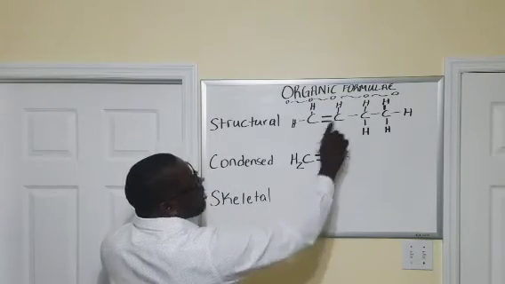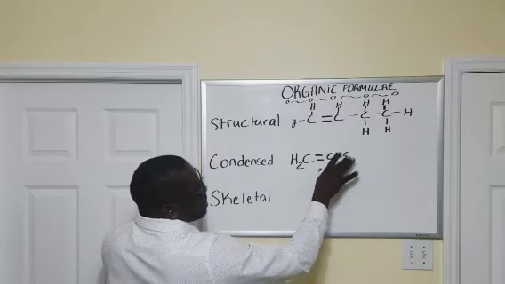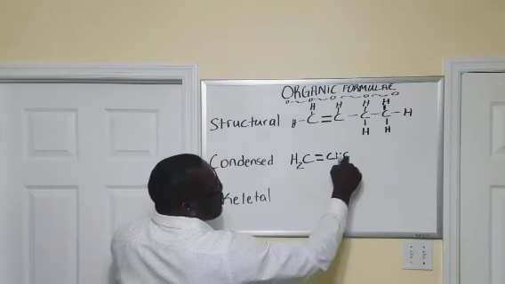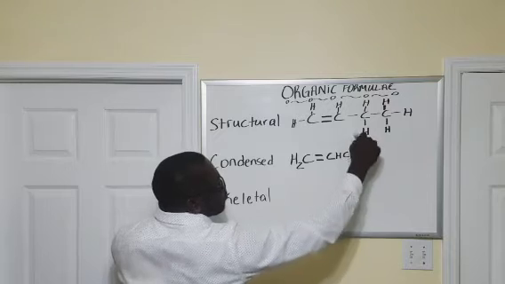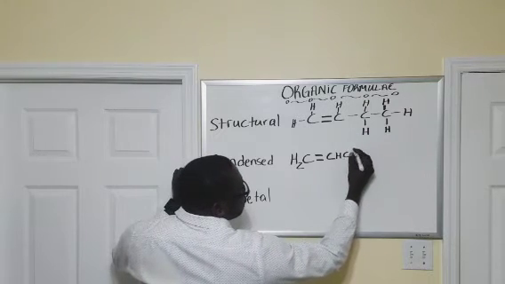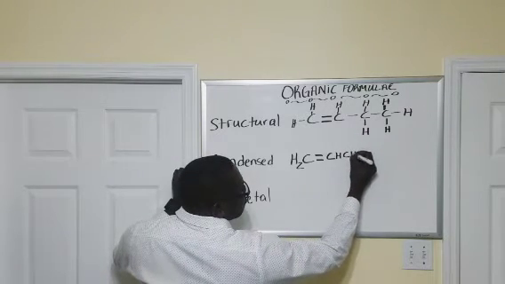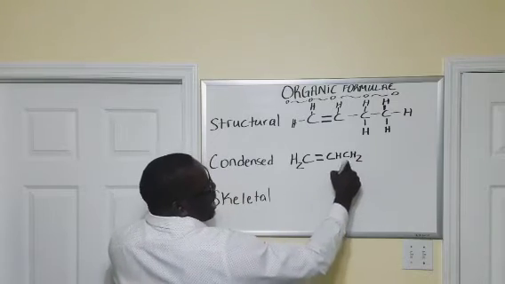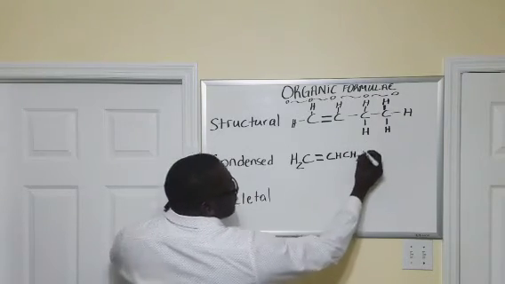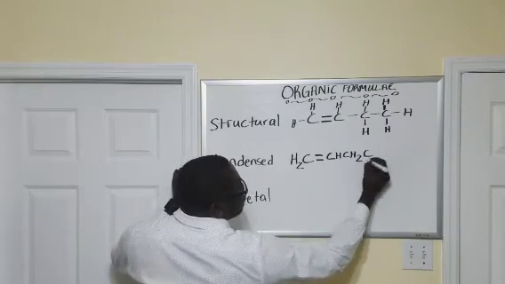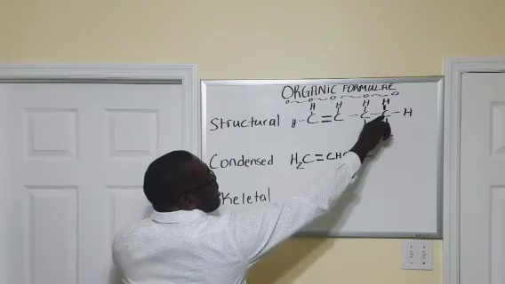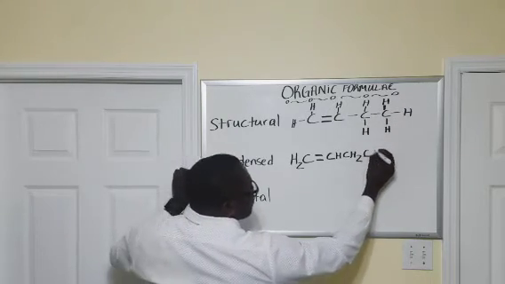It's not a double bond, so we don't need to put in the single bond. Then this carbon is bonded to 2 hydrogens. And it's also bonded to that other carbon over there. And then this carbon is bonded to 3 hydrogens.